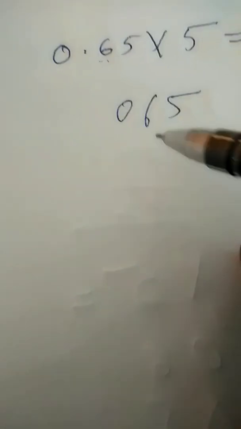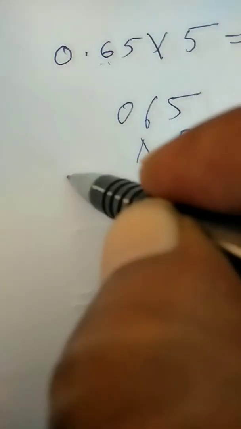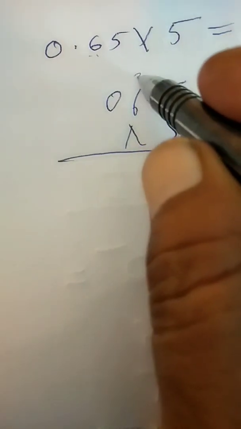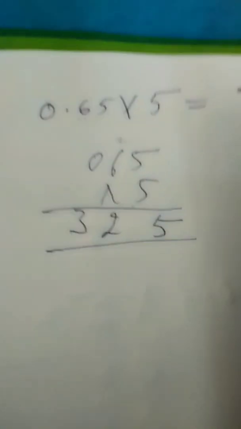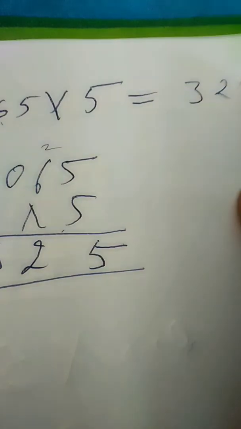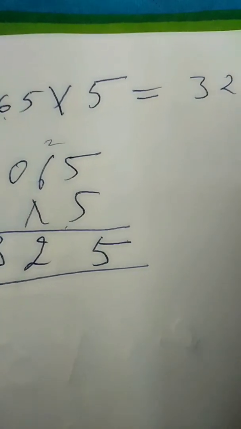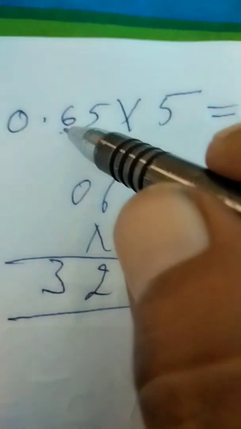So 0.65 is multiplied by 5. Multiply it: 5 fives are 25, 2 carry, 5 sixes are 30, plus 2 is 32. So your answer will be 325. 325 is the answer when we ignore the decimal.